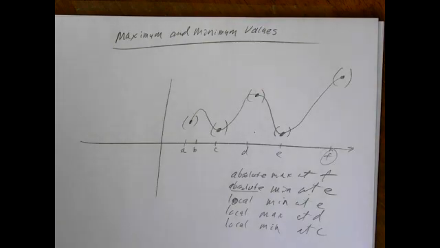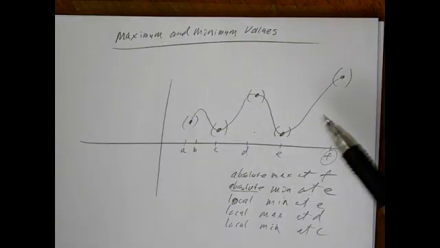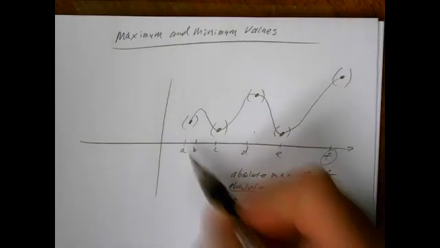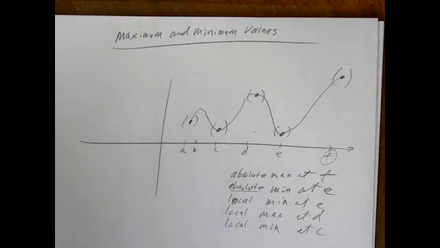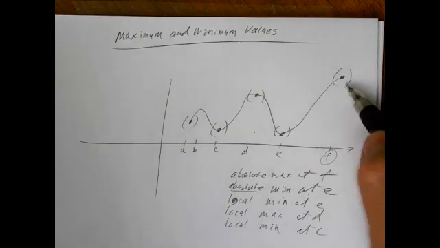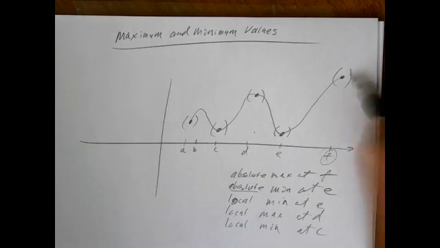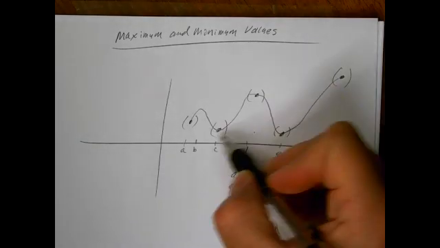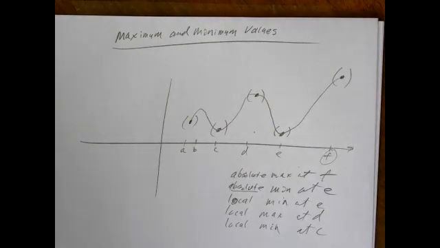All right? So what that means is that even though absolute extrema can occur at endpoints, local extrema can't. Local extrema have to be somewhere within the domain where you can put an open interval around them.